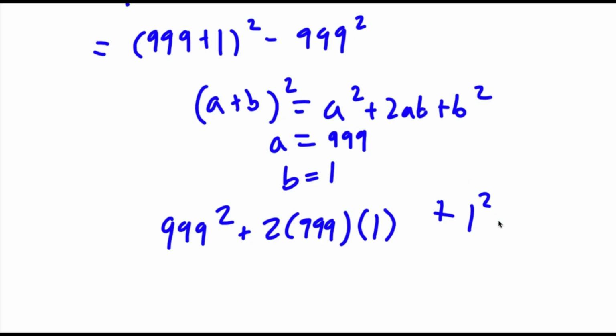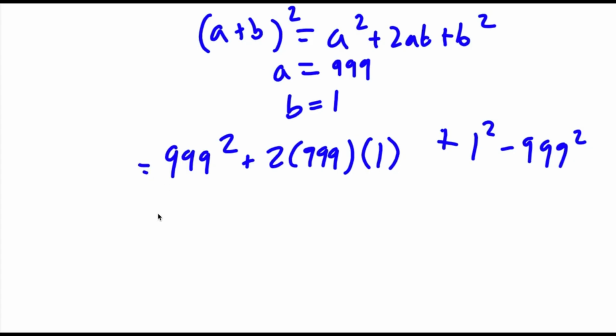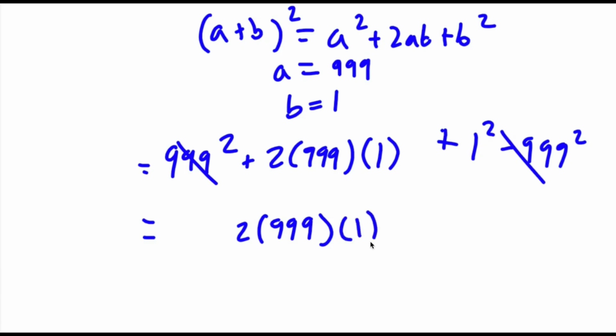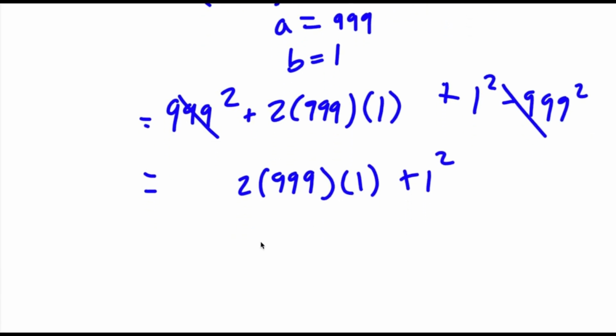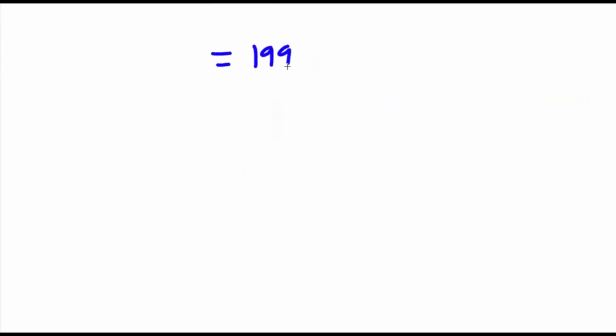And then I have my minus 999 squared at the end. Now these two will cancel out, so I'll be left with 2 times 999 times 1 plus 1 squared. Now 2 times 999 is 1998, so I have 1998 plus 1. And this is equal to 1999.